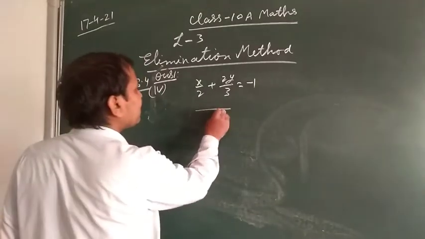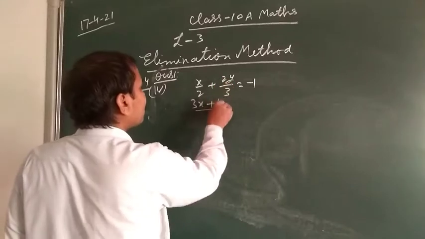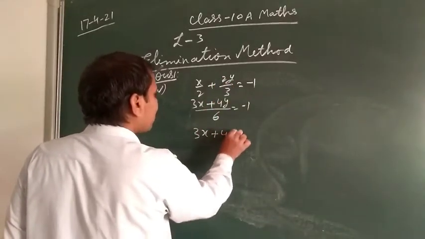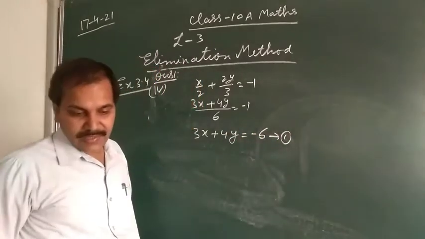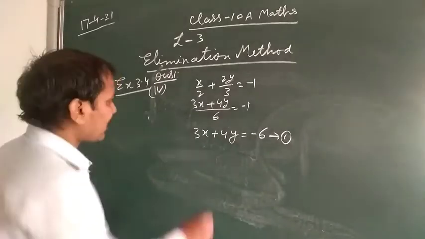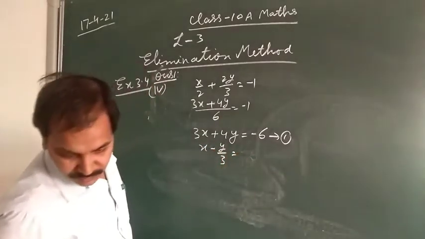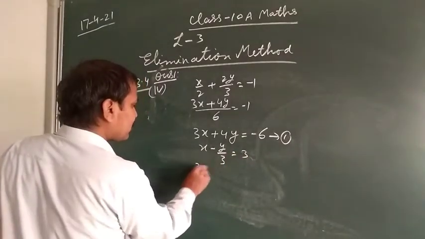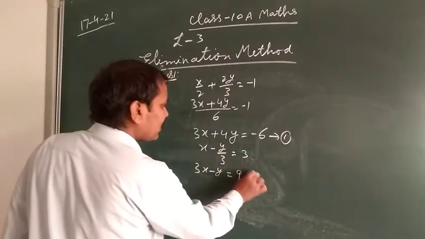So take LCM of 2 and 3, which is 6: 3x plus 4y is equal to minus 6, equation 1. Then the second equation, x minus y by 3 is equal to 3. So also multiply by 3: 3x minus y is equal to 9 in this equation.